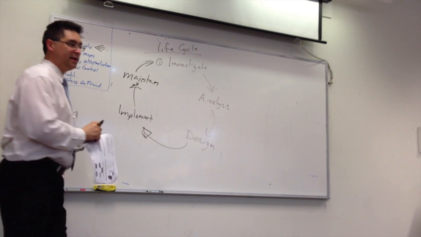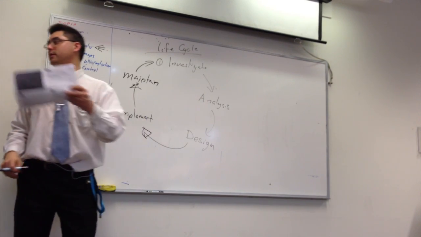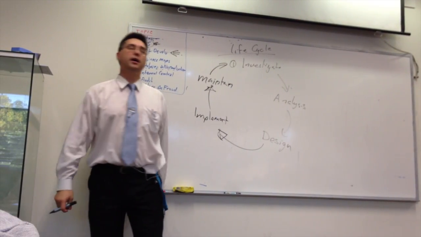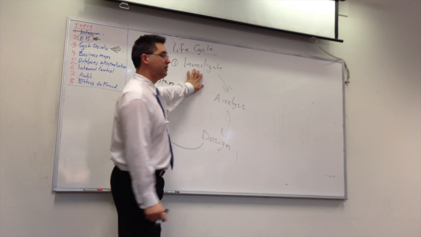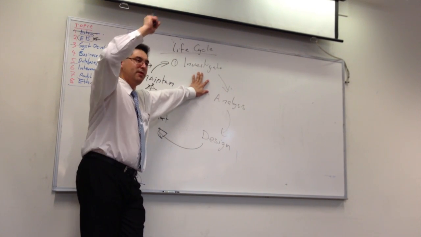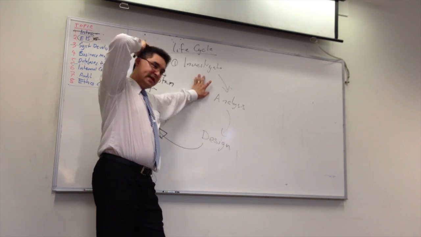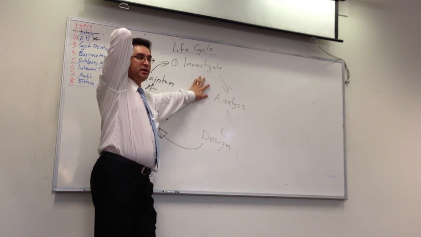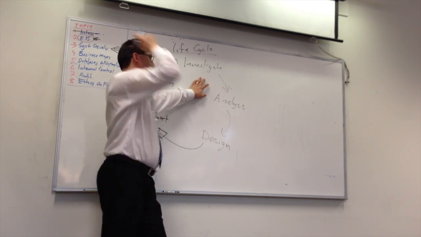If you're not entirely clear about this, let me make this very, very clear to you. All right. Step one, you need to go and meet the client and investigate what's going on. This is for your assignment. You investigate the place, which basically just means that you read about it.